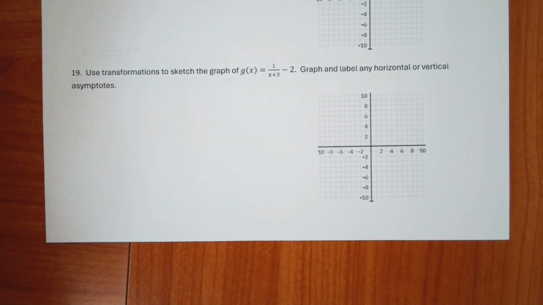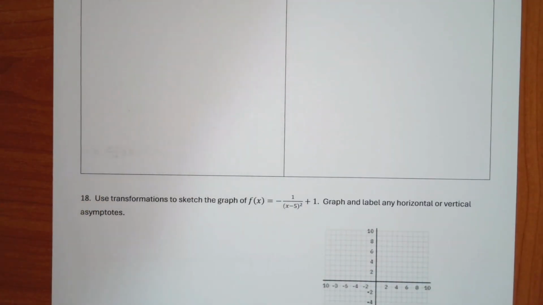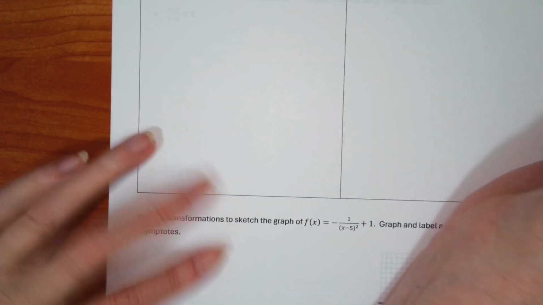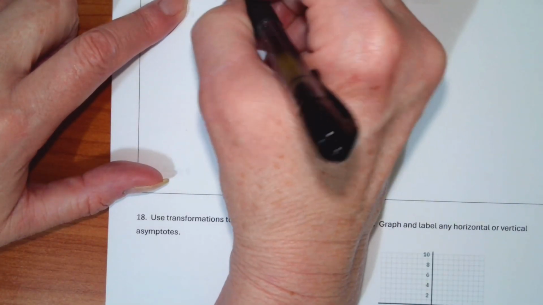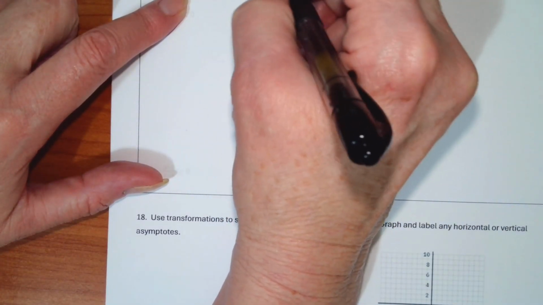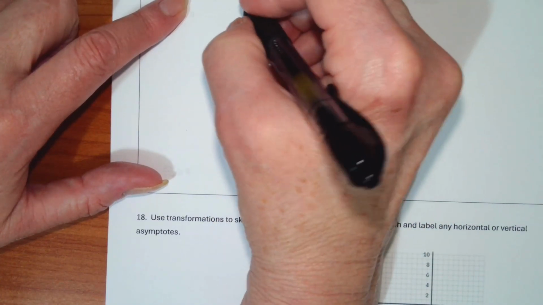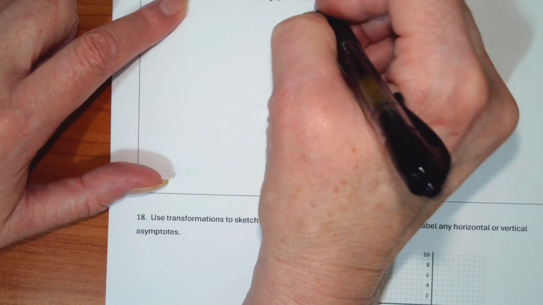Okay, let's do a few more of these. Alrighty, so if I have h of x equals x squared minus 6x plus 9 over x squared plus 2x minus 15, this becomes x minus 3 times x minus 3 divided by x minus 3 and x plus 5.